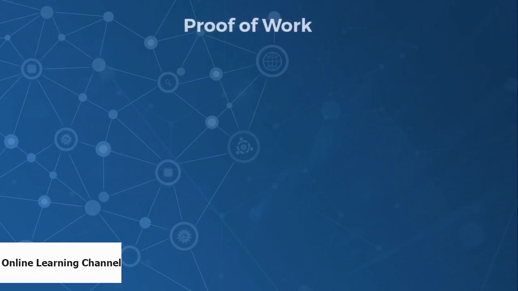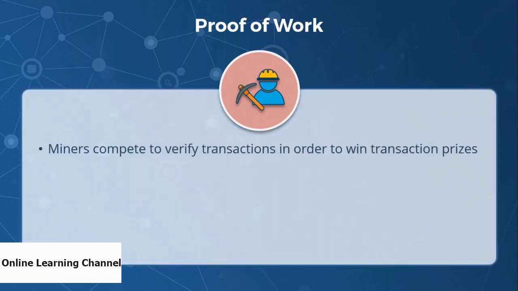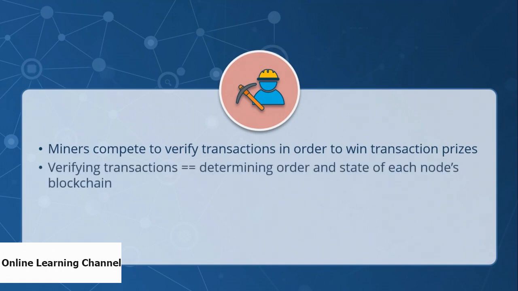And once the miners have picked up a set of transactions in a particular order, they will all enter into a competition in order to be selected as the miner to write the next block of transactions to the blockchain. As part of this process, they will need to perform a verification of the transactions. And once they do that, they will not only have a collection of verified transactions, but they will have a specific ordering of them.